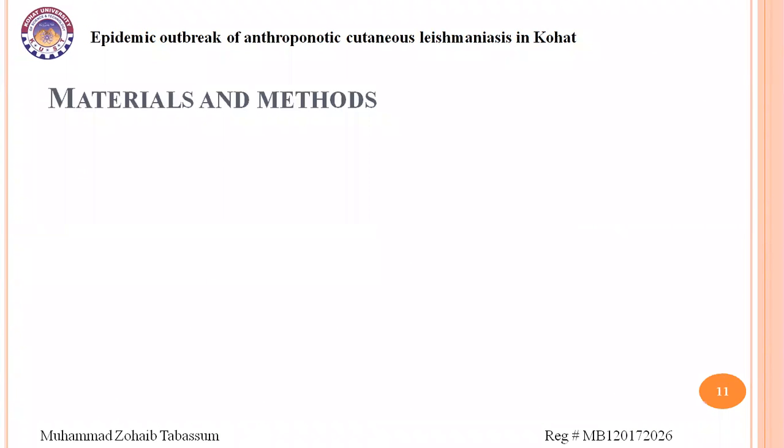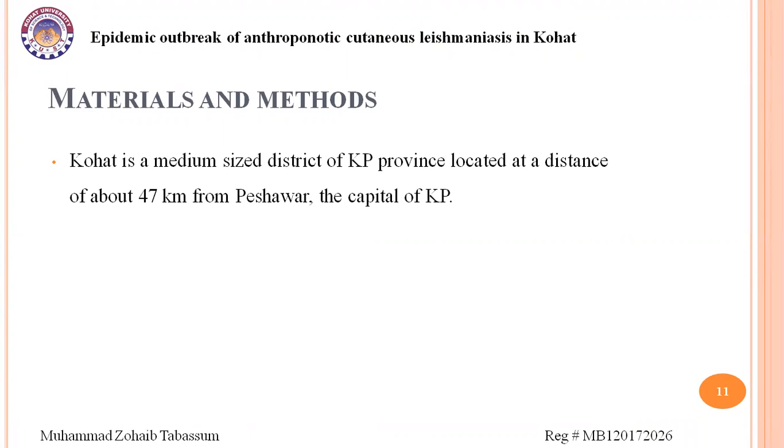Now let's talk about the materials and methods. First up, if we talk about the geographical and political profile of Kohat district, Kohat is a medium-sized district of KP province, located at a distance of about 47 kilometers from Peshawar, the capital of KP.